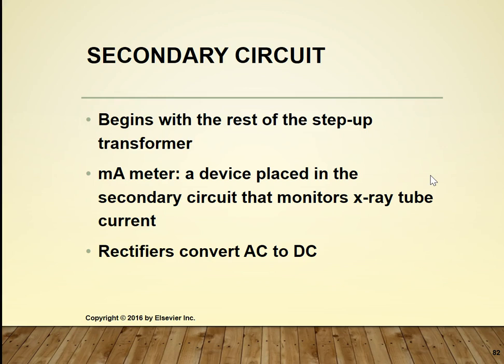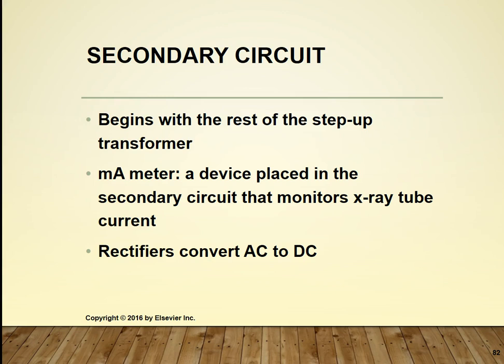The secondary circuit begins with the rest of the step-up transformer, and we've already talked about why that happens, but the milliampere meter, or the mA meter, is a device placed in that secondary circuit that monitors tube current. The rectifiers are needed to convert AC to DC, and we're going to have to talk about that a little bit more.